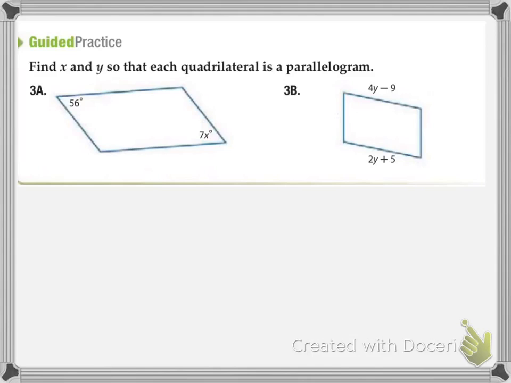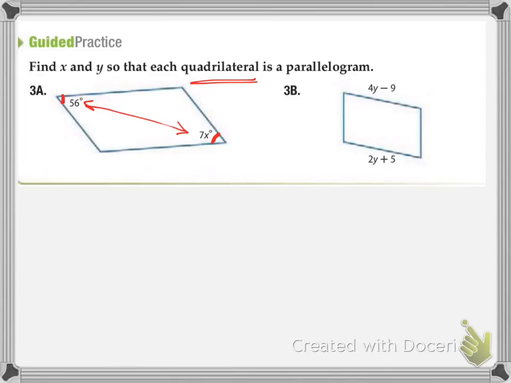Here, we want to find the values of x in 3a and y in 3b that would make those quadrilaterals parallelograms. So we have to ask ourselves, if the shape was a parallelogram, what would be true? So let's look at the first one. We have 7x, and then we have this 56 over here. Well, if this is going to be a parallelogram, I know that these two angles, they're opposite, so they would have to be congruent.